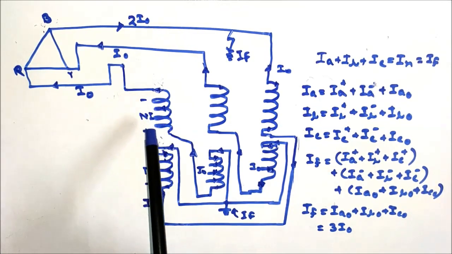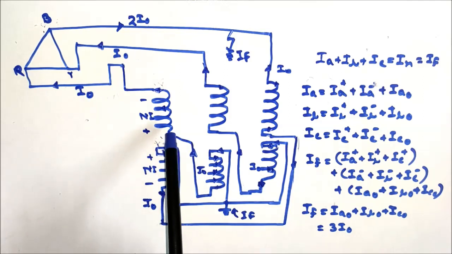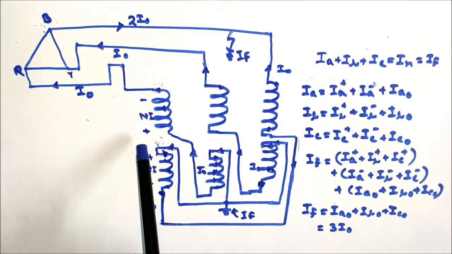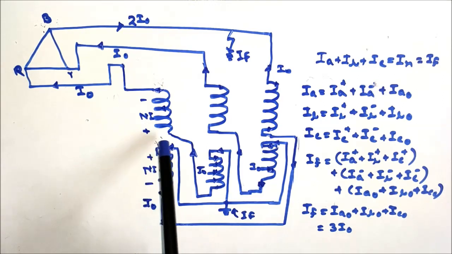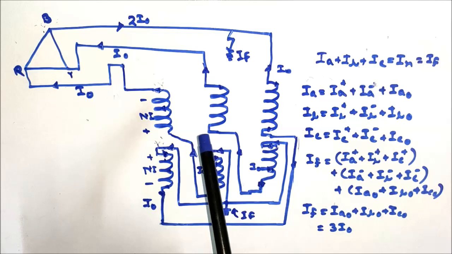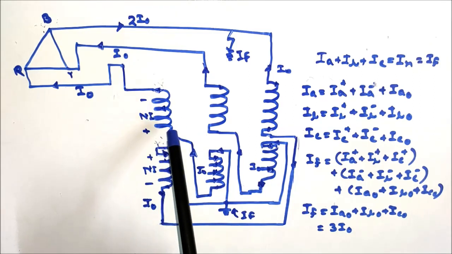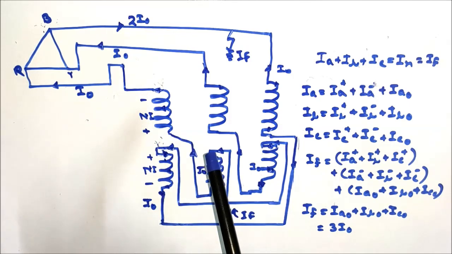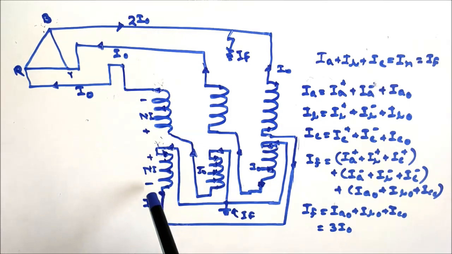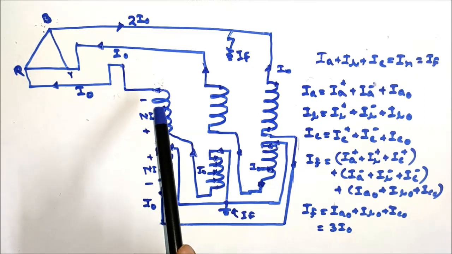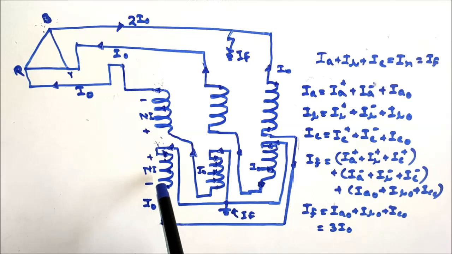Now, in the outer coil, the current will flow from right to left direction. Due to this, the direction of the Ni will be positive direction, and the flux generated by this ampere turn will be in the downward direction.